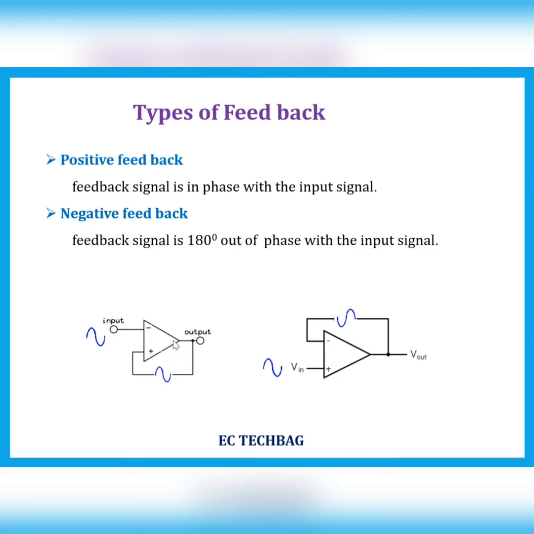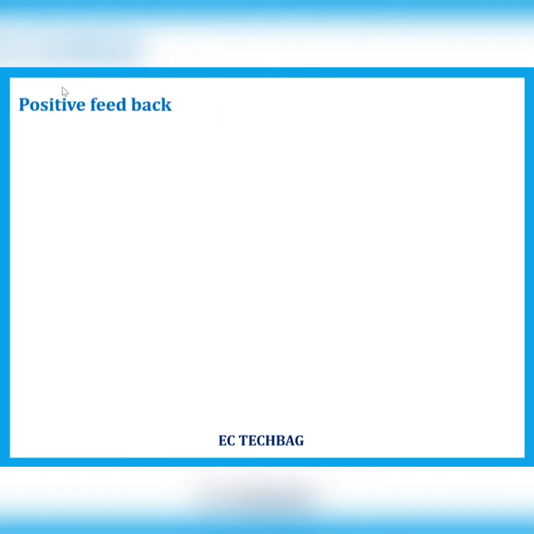So in positive feedback, your output gets increased, and in negative feedback, it decreases. So first, let us see positive feedback. Here, in positive feedback, the output is fed back to the non-inverting terminal of the operational amplifier, and the feedback signal is in phase with the input signal.